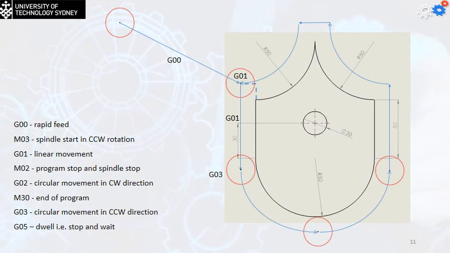The z is not going to be changed, but we have to write down the r value. Now, because we are cutting from outside, the r value is going to be 55. It's the radius of the blue arc, so it's going to be 55.